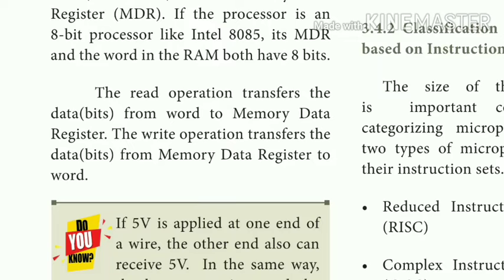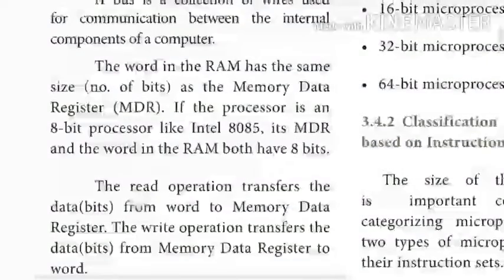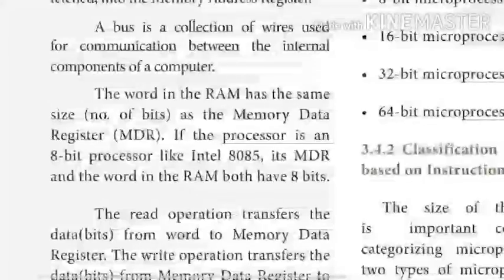The read operation transfers the data from the word to the memory data register. The write operation transfers the data from the memory data register to the word, okay. So the word is in the RAM.